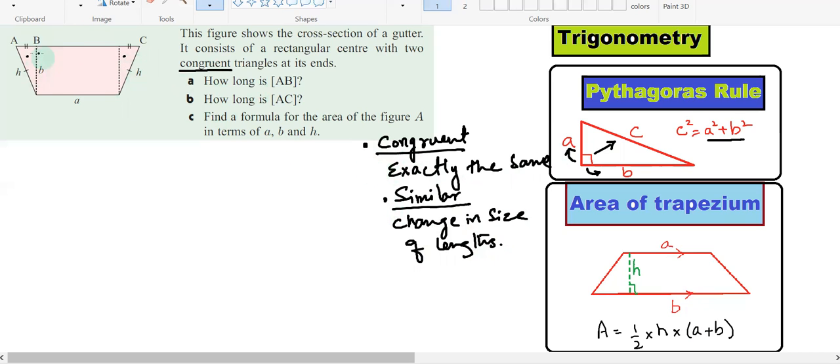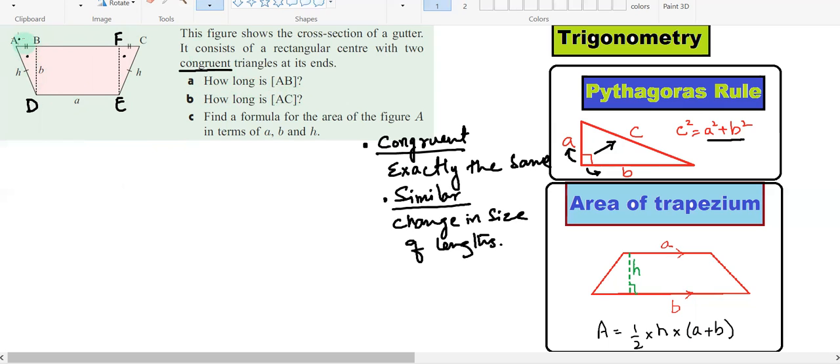These are congruent triangles. If we work with one of these triangles, let's say this is ABC, let's call this B and E, and we call this F, just for reference communication. The triangle ABD and triangle CFE are exactly the same. Having said that, the first part says how long is AB?